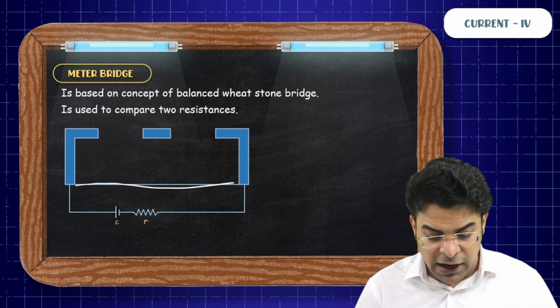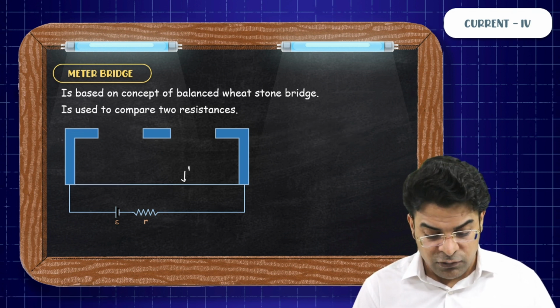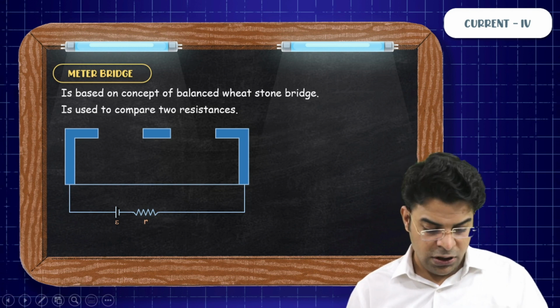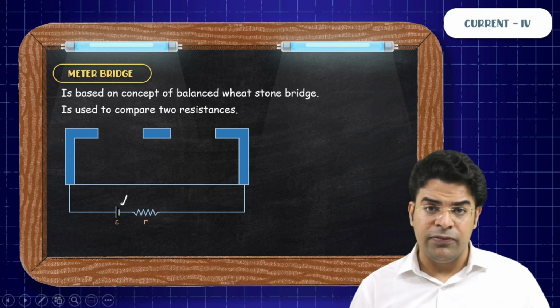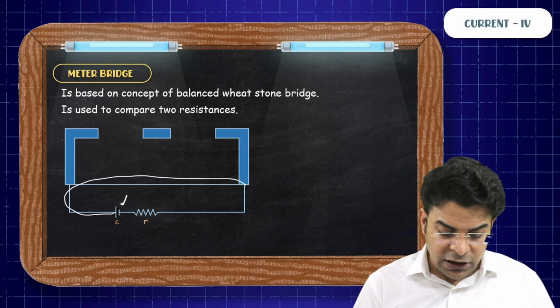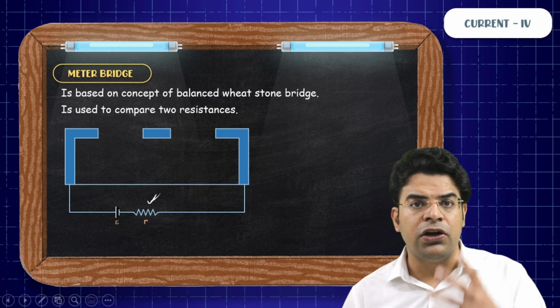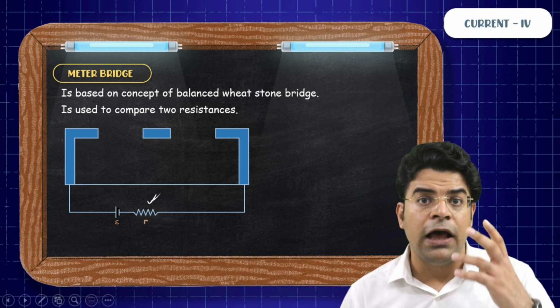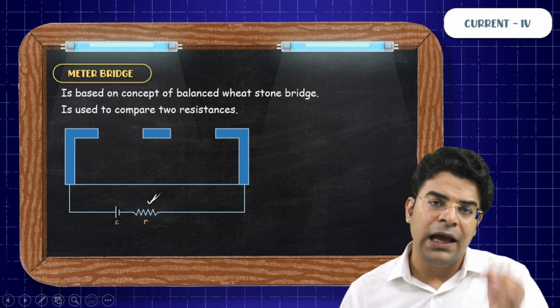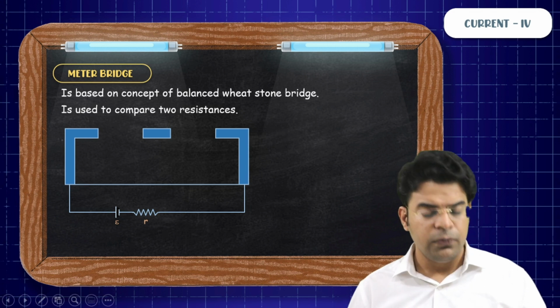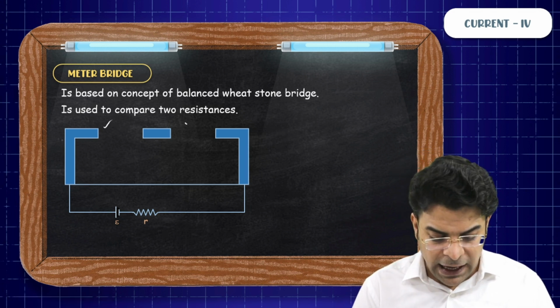So here we have got thick metal plates. Here we have a wire. The length of this wire is 1 meter. That's why the name meter in the meter bridge. Now we have got a cell which drives some current in the circuit, and the cell will definitely have some internal resistance because we are talking about real world apparatuses. In real world, every cell must have some internal resistance, let's say R. Now here you can see there are two gaps.